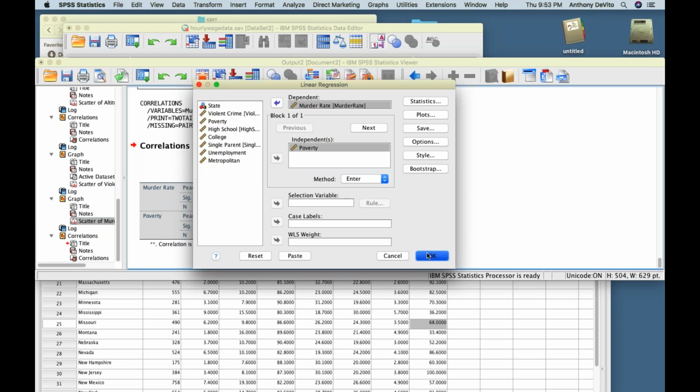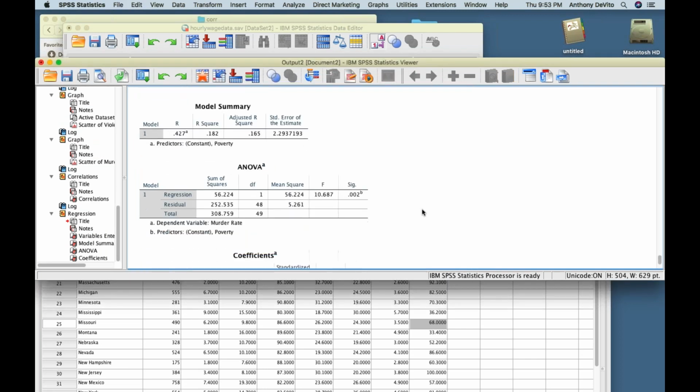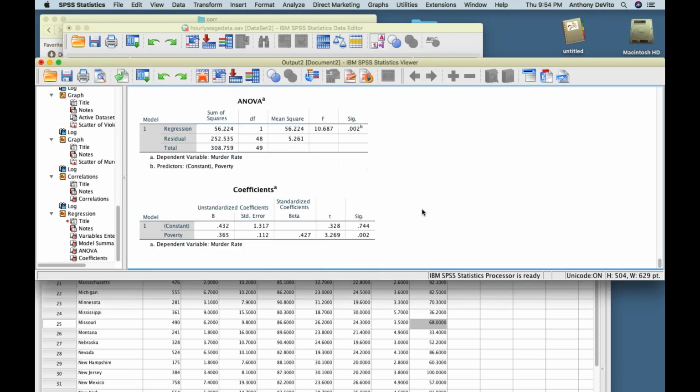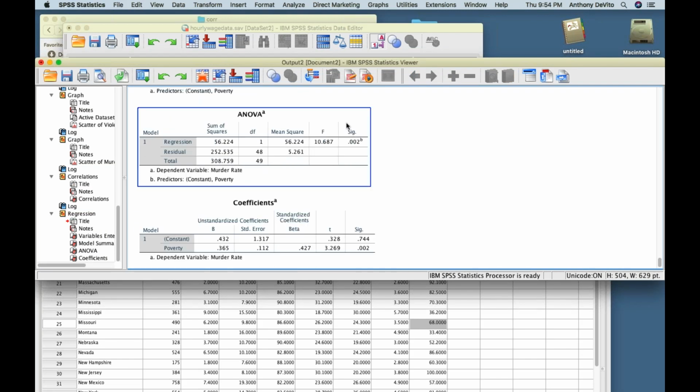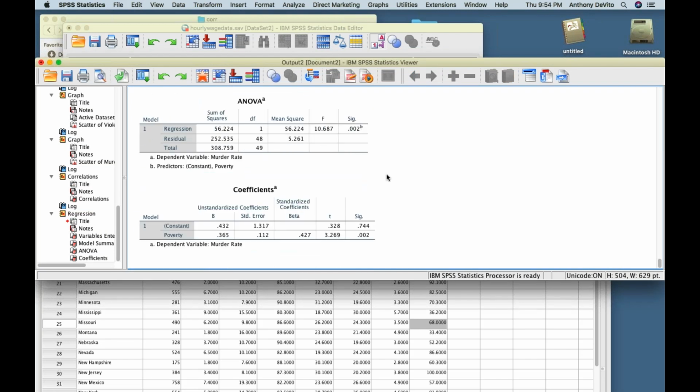Click OK. Okay, let's see what I get here. So what I get here, when it does the analysis, I get for my ANOVA, I get less than 0.02. I also notice that when I go down here to my coefficients, I see that the slope of the line of regression is 0.365.